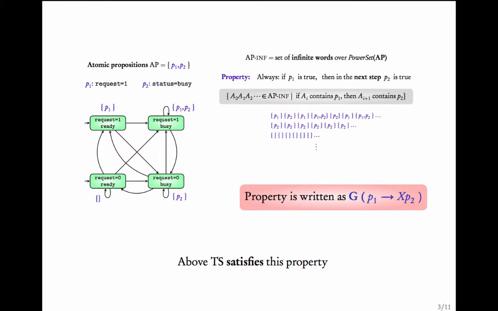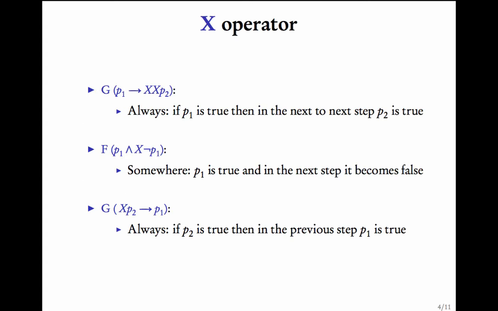Let us look at some examples of using the X operator. This property says that always if P1 is true, then P2 is true in the next to next step. A single X goes one step forward. If you have one more X, this means that if P1 is true, then in the next to next step P2 is true.